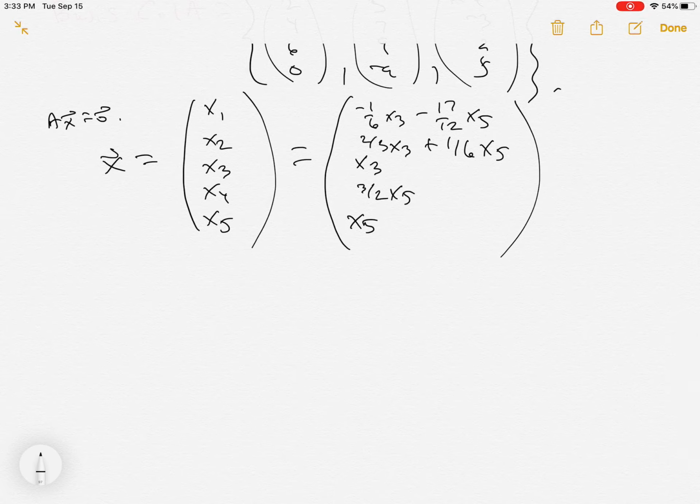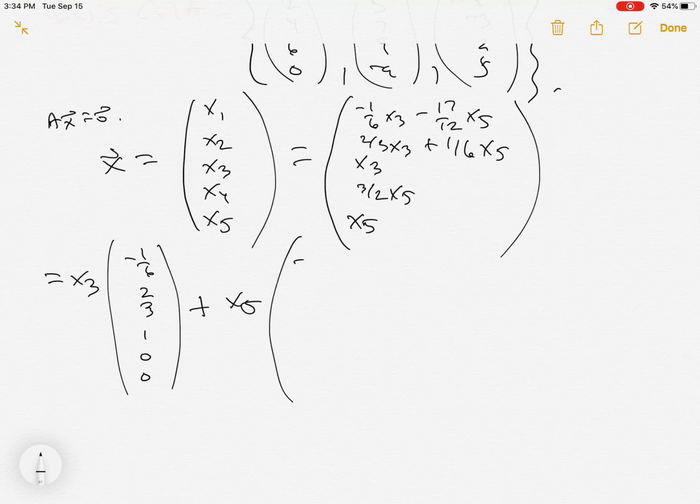Okay, and so break this up. We have -1/6, 2/3, 1, 0, 0, plus x5, -17/12, 1/6, 0, 3/2, 1.